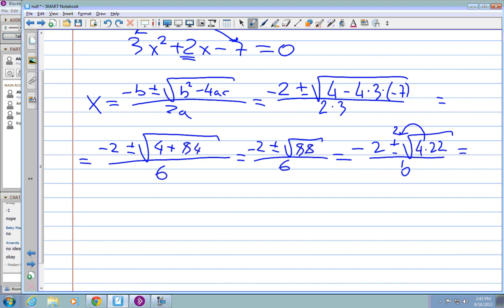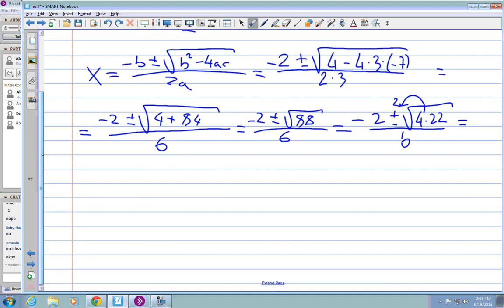So we get negative 2 plus or minus 2 square roots of 22 over 6. Is that right? Well, I have to simplify the 6 and both of those 2's. Technically I have to factor 2 out of the numerator. That'll give me negative 1 plus or minus the square root of 22 over 6.